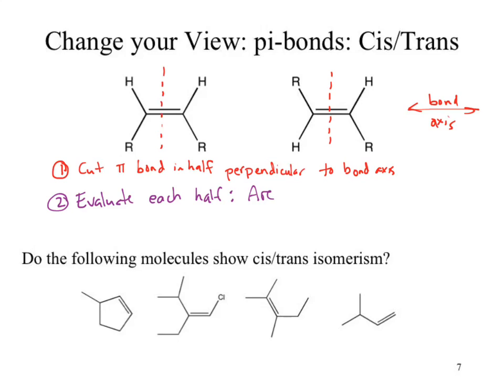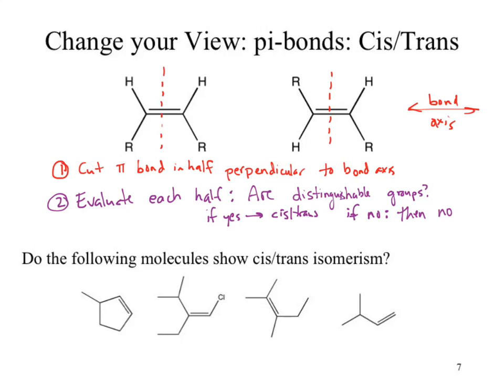Let's not say different, let's say distinguishable groups. If yes, what do you think? We have cis-trans isomerism. If no, then no. I did not say it means cis or trans. I'm just saying, do we have it?